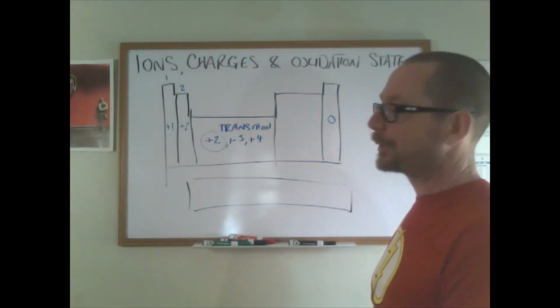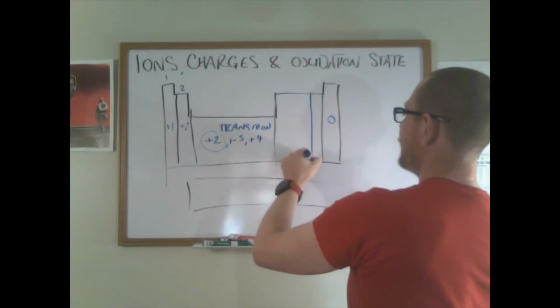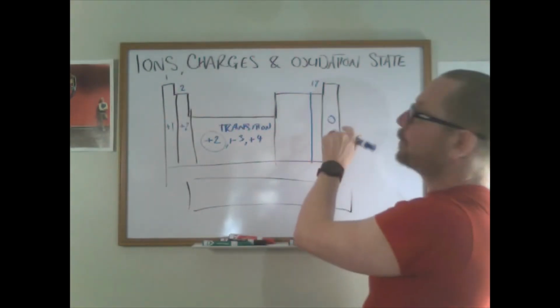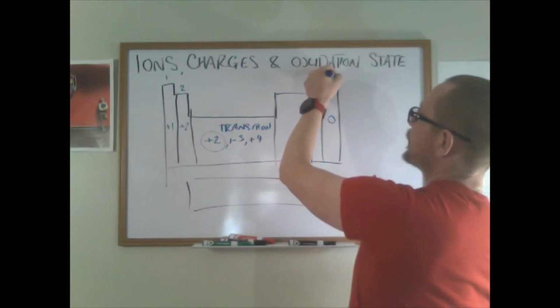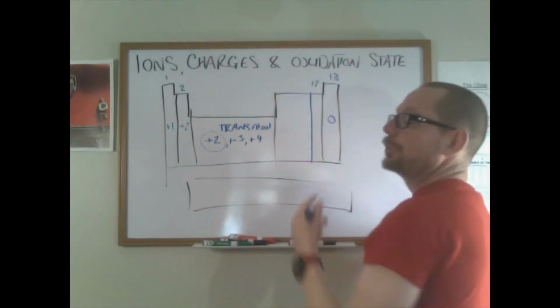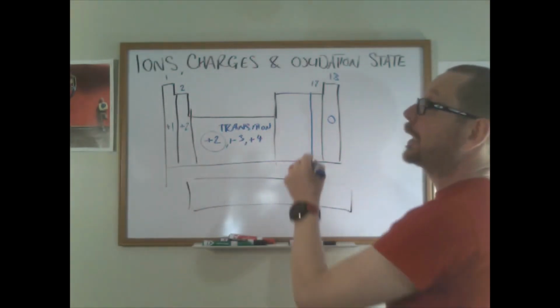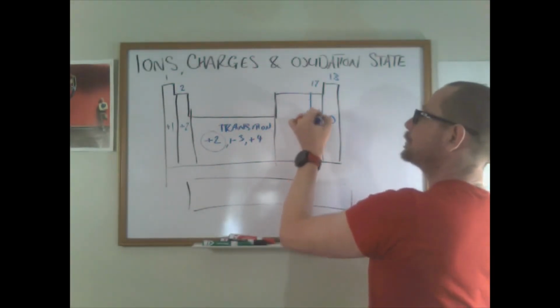Then it gets a little more complicated. I'm going to work backwards. So this is actually called group 17. The noble gases, by the way, in the very end with helium on the top, that's group 18 that goes to 0. Group 17, the halogens, typically like to go to a -1.